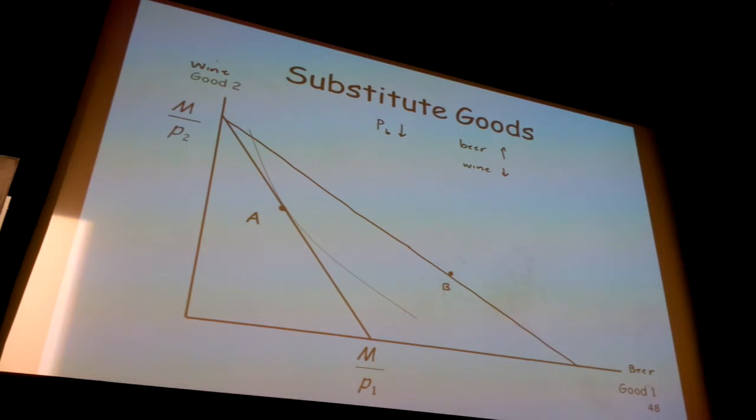And I'll go ahead and draw an indifference curve that's tangent to my new budget constraint at point B. And indeed, what I'm seeing here is an increase in my consumption of beer. And a decrease in my consumption of wine.